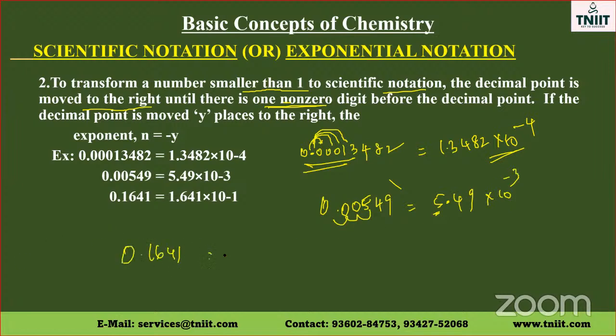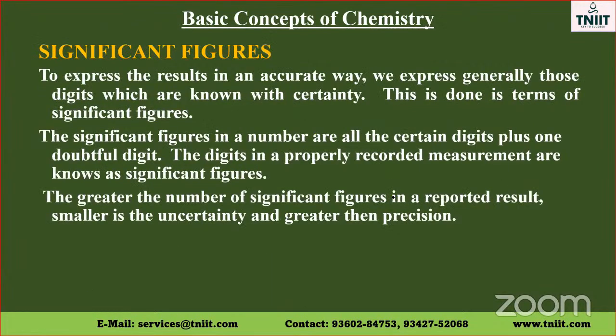So the scientific notation for this is only one decimal shift. So it will be 1.641 into 10 to the power minus 1. These are all negative. This is minus 4. This is minus 3. And this is minus 1. So this is how we represent the large number as well as the small number in terms of scientific notation.